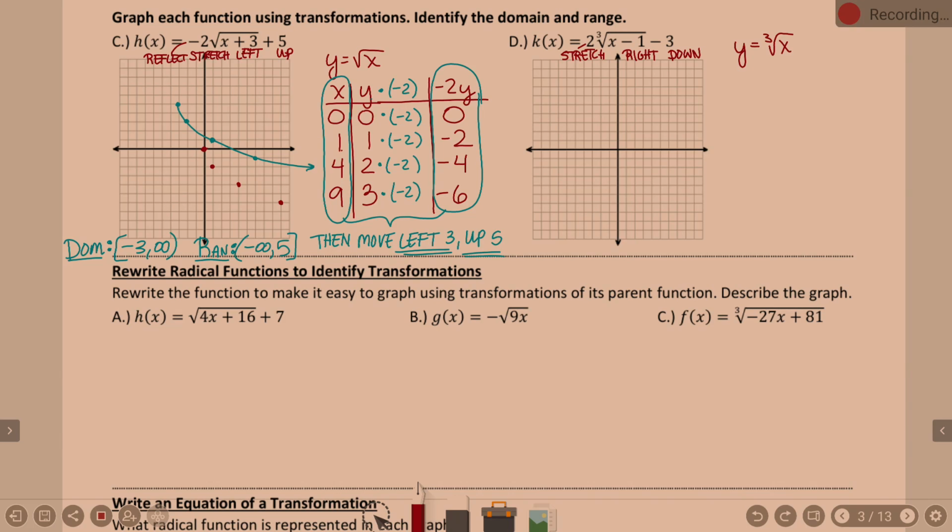The stretch has to happen before you move it up or down, because we have to do the pieces on the x. Easier, in my opinion, is that we do the stretch first, then we'll do the right 1, down 3.